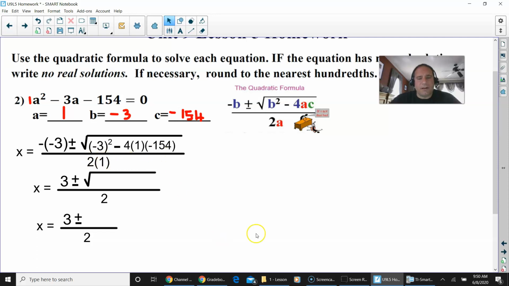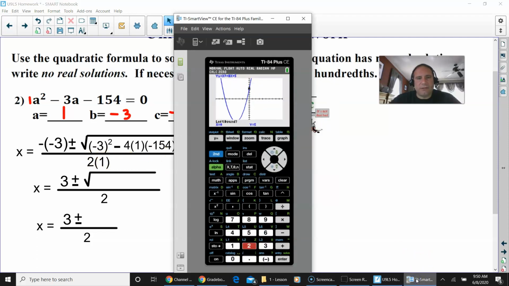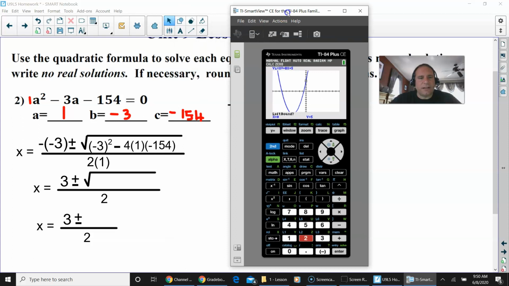All right, so I am going to take the calculator, and hopefully you did this already. Clear this out and put in negative 3 inside the parentheses squared minus 4 times 1 times negative 154.